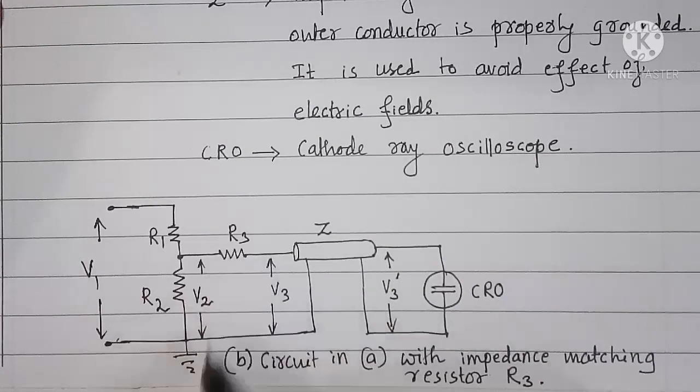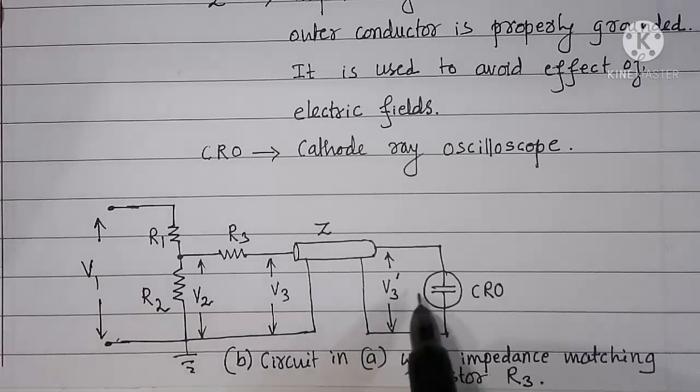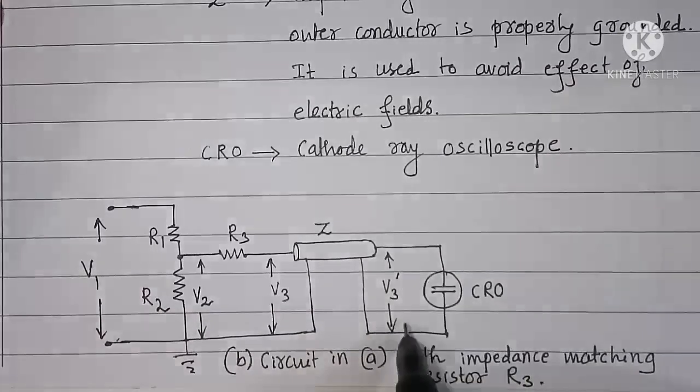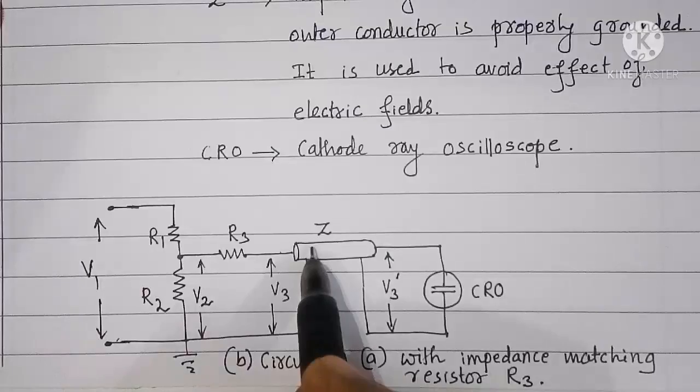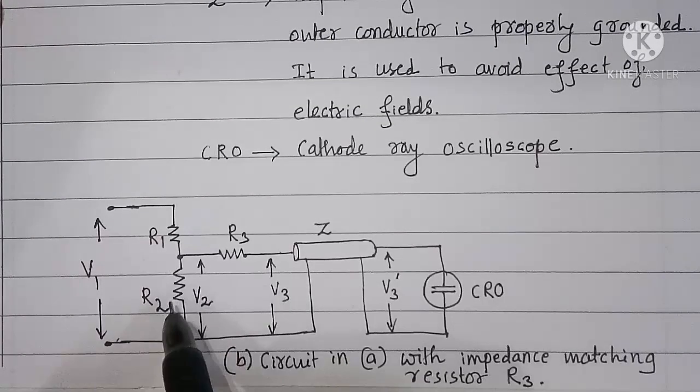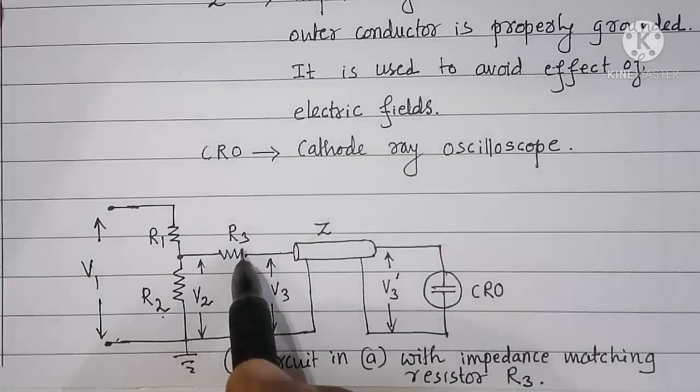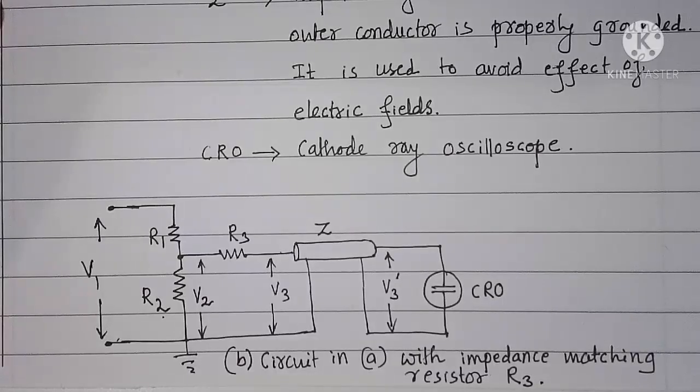So when R3 is connected here, the reflected wave from the CRO terminals on approaching the potential divider end of the cable will be absorbed by R2 and R3, and hence R2 will not have to suffer.